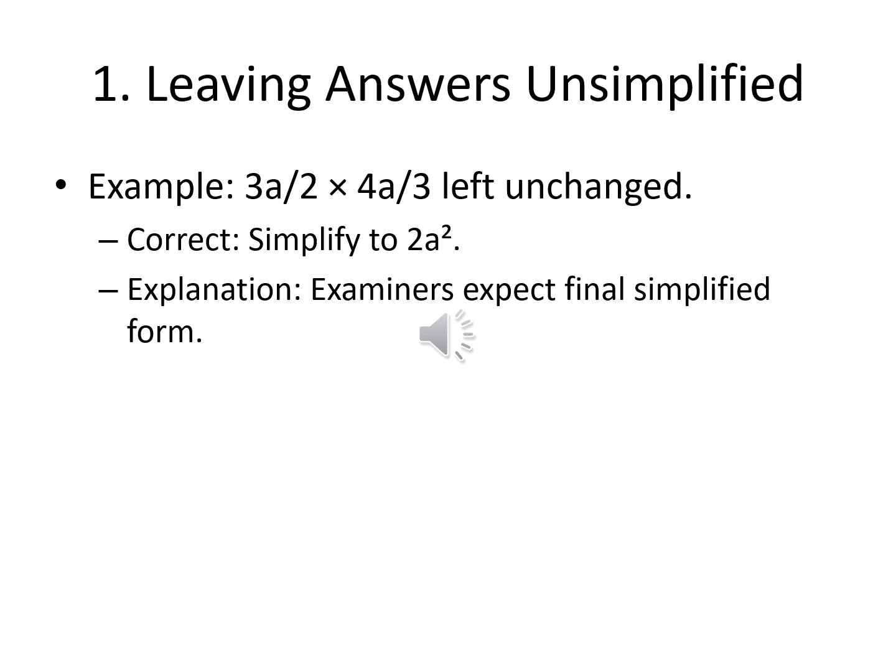The correct simplified answer is 2a squared, whereby when you multiply, 3 will cancel out with 3. Then 4a times a, you get 4a squared over 2. Then when you divide, you get 2a squared.